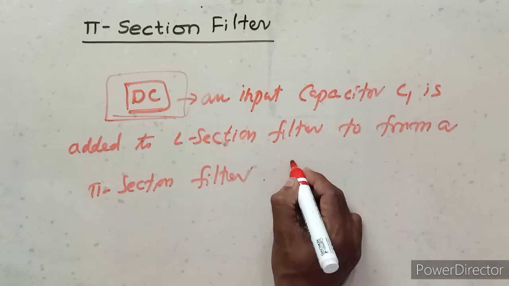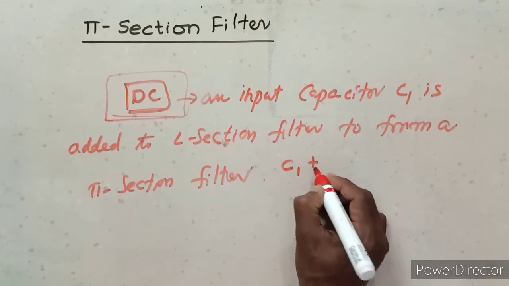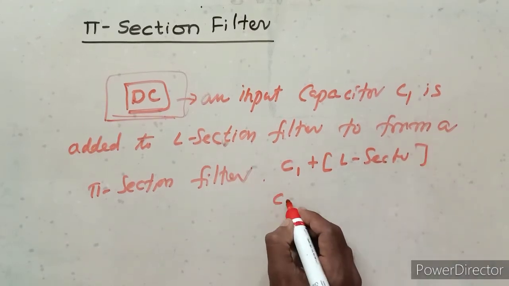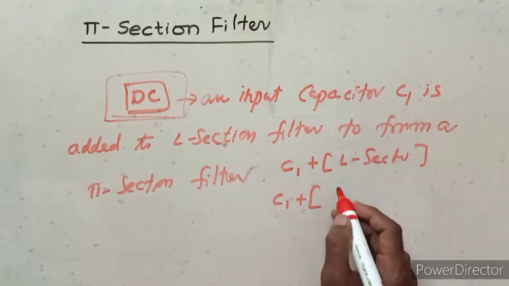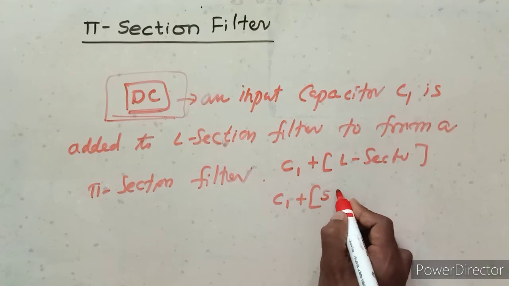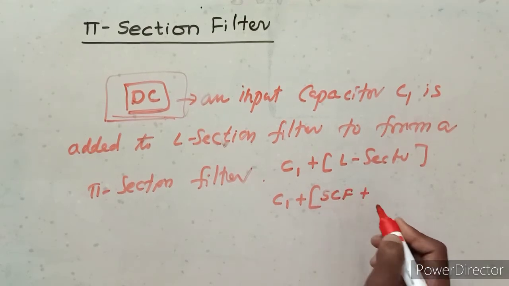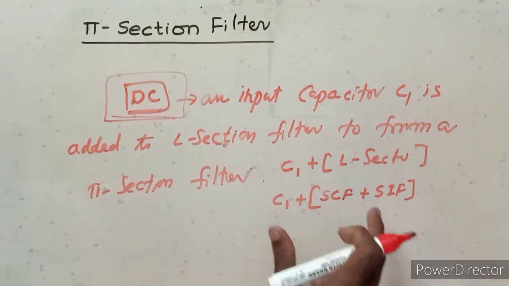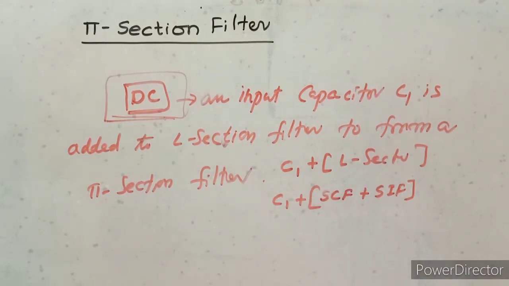That means C1 plus the L-section filter. And what is the L-section filter? It is the shunt capacitor filter plus series inductor filter. This is the pi-section filter.